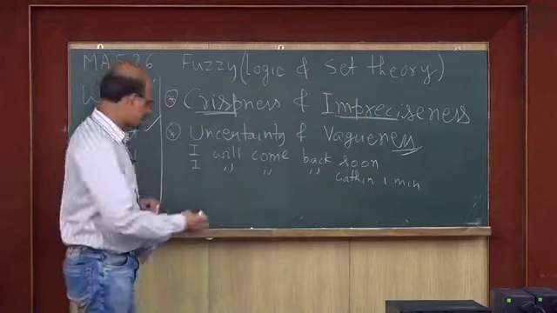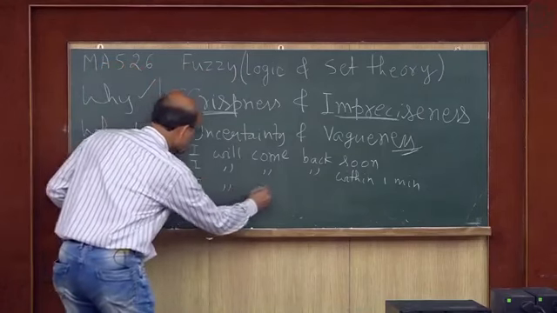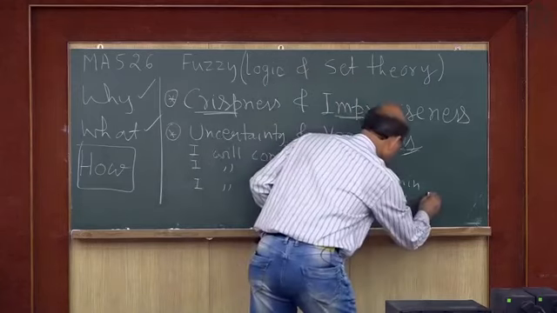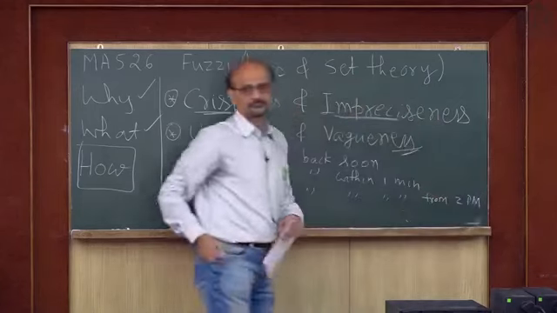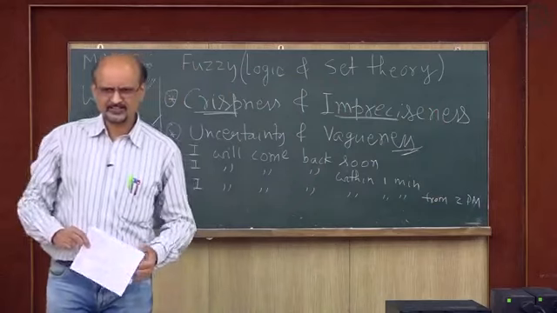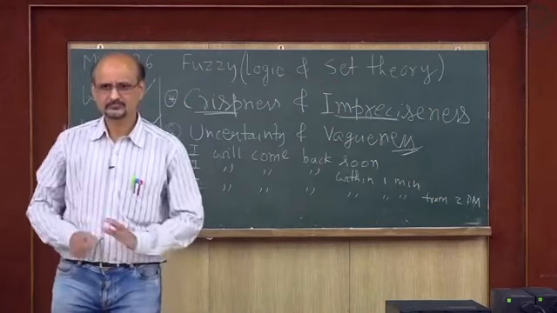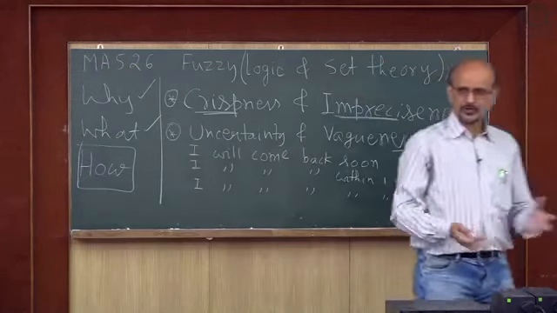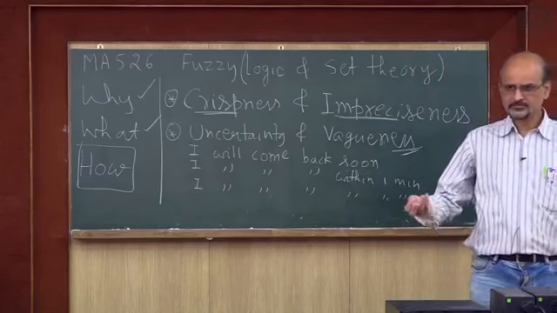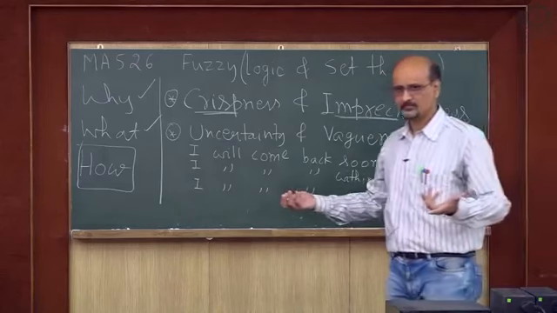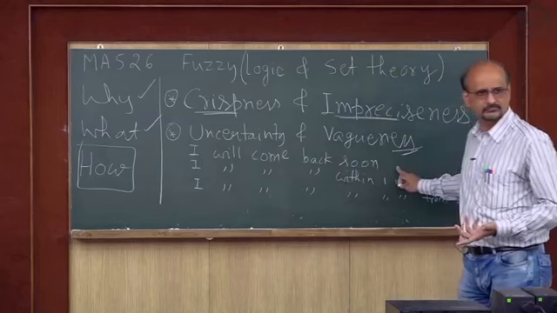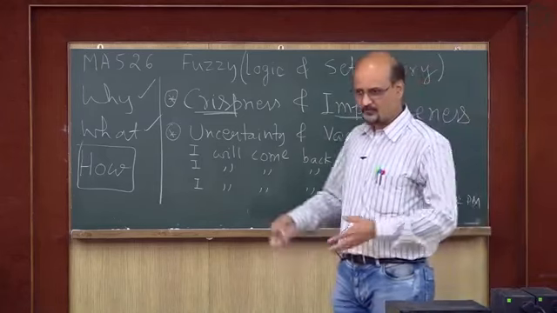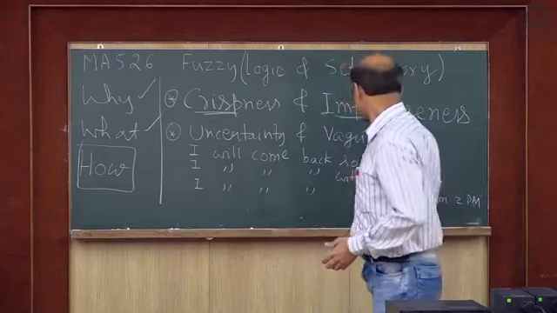Another statement is, I will come back within 1 minute from 2 p.m. See, are these similar sentences or not? I will come back soon, what do you understand? It is vague. When? I do not know when. Soon means it may be 1 hour, 2 hour, or maybe within 2 minutes. So this is vague.